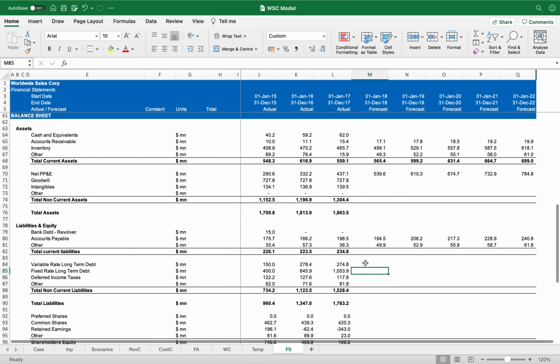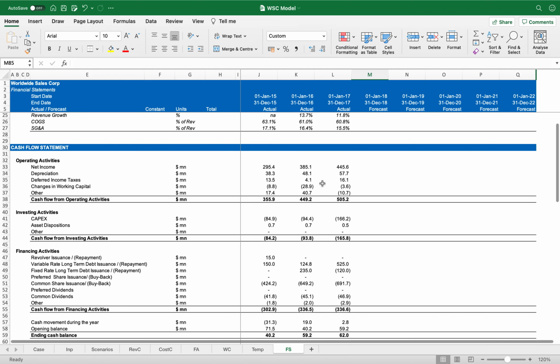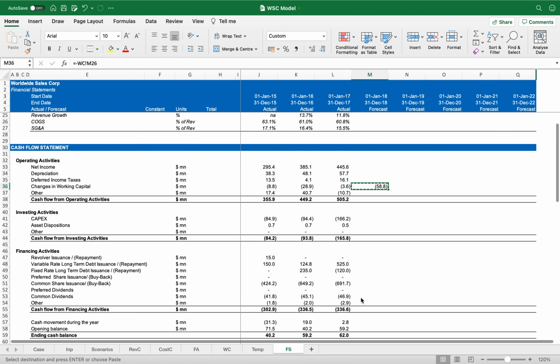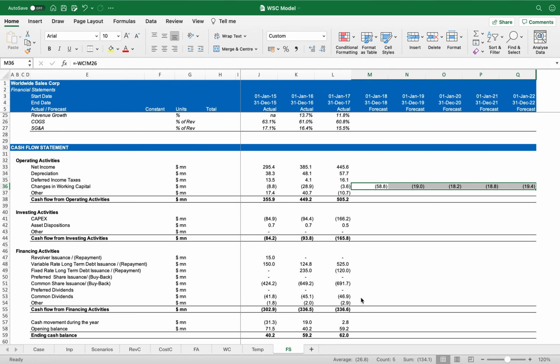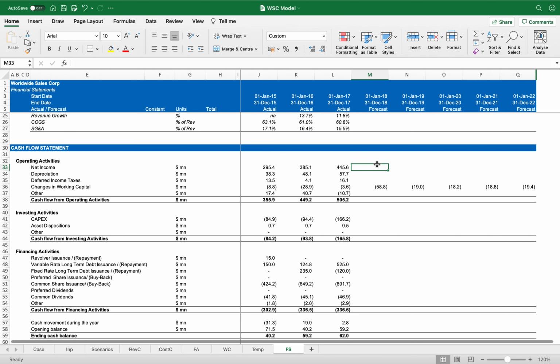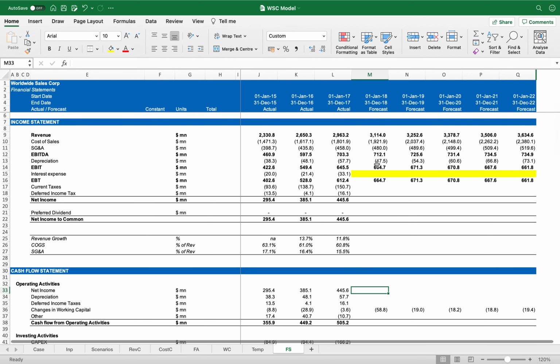So in my cash flow statement, where there is change in working capital, I will take it as a negative number. That's all regarding working capital. So we are done with working capital.